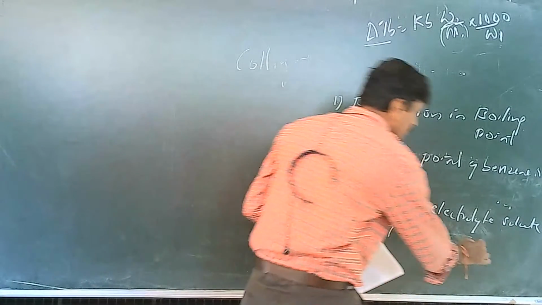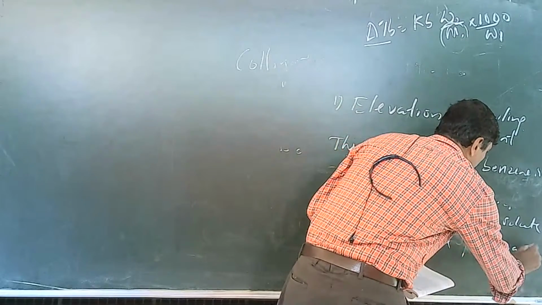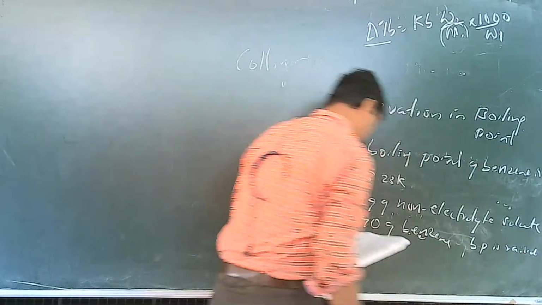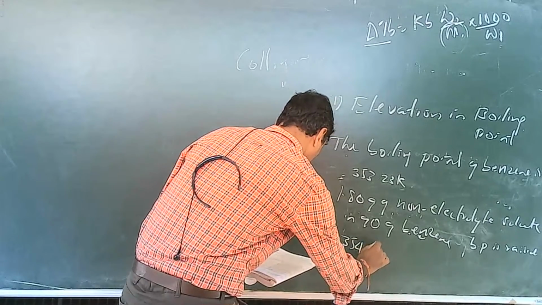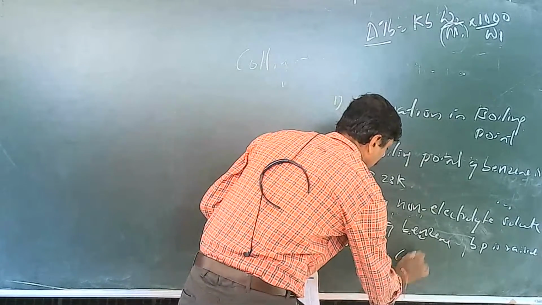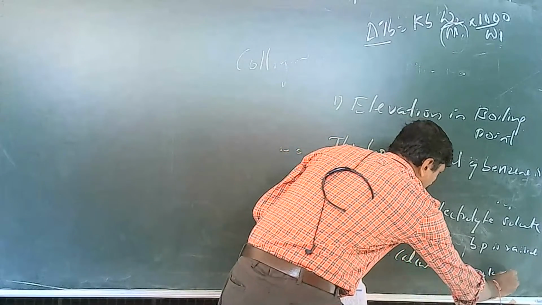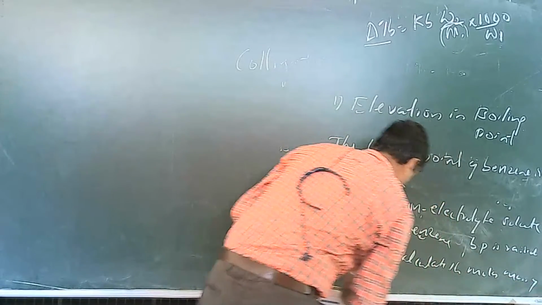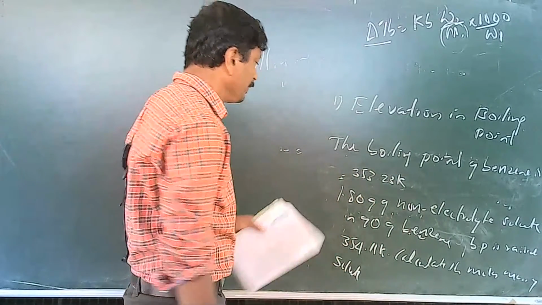The boiling point is raised to 354.11 Kelvin. Calculate the molar mass of the solute.